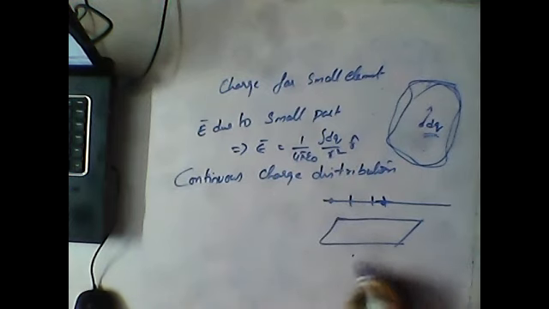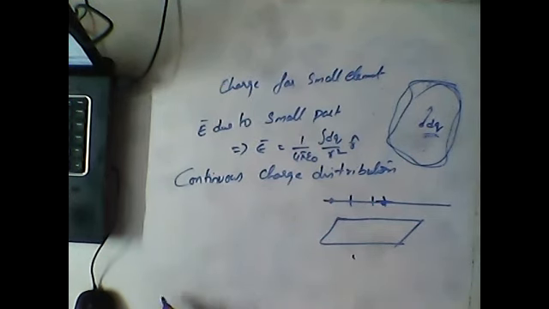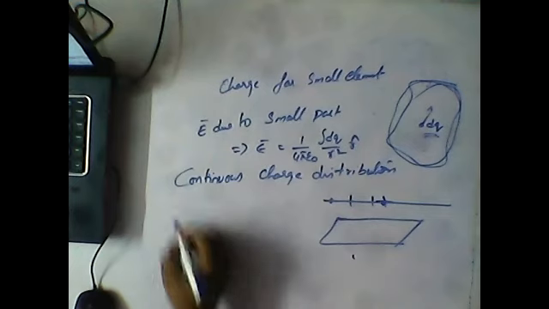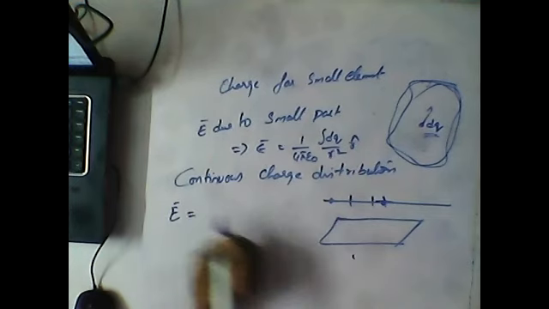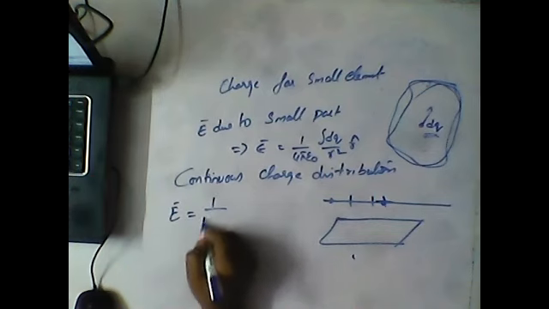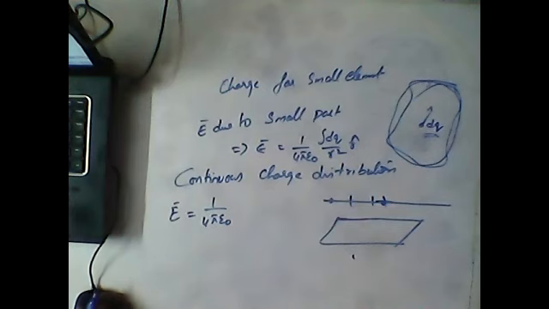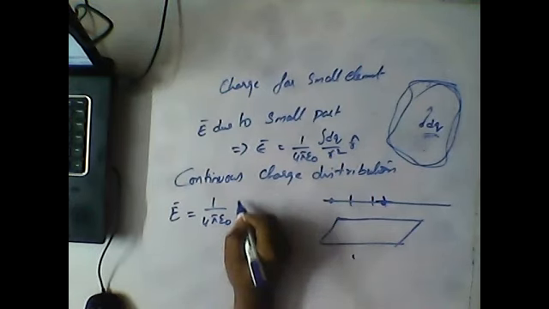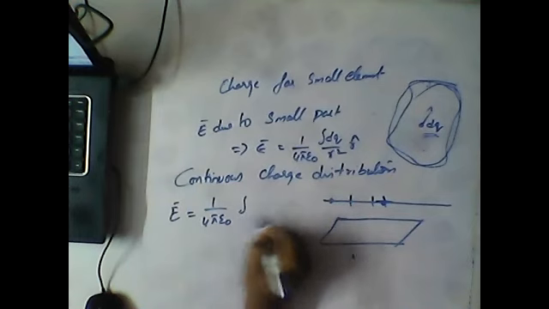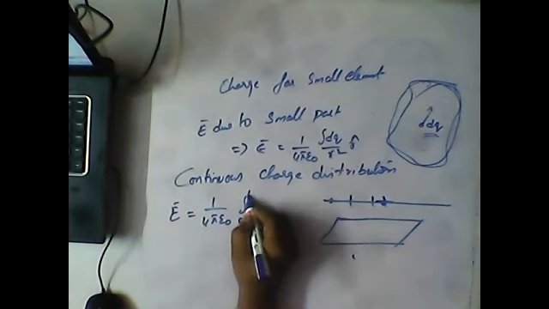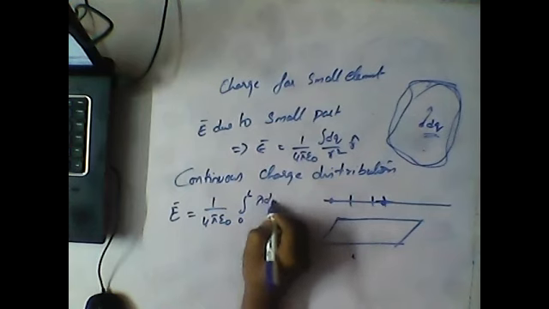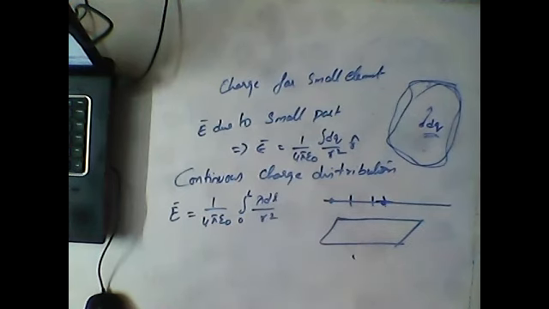And if you consider three-dimensional, it is volumetric. Regarding linear density, we can write the formula as E bar is equal to 1 by 4 pi epsilon, integration from L0 to L of lambda dl by r square.